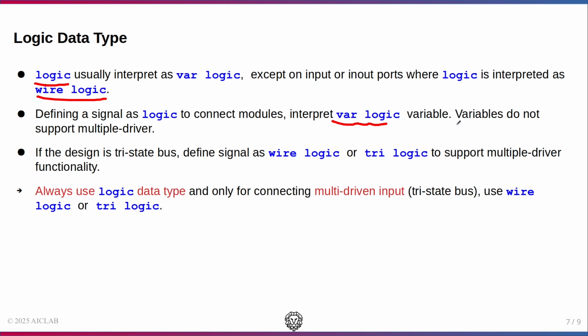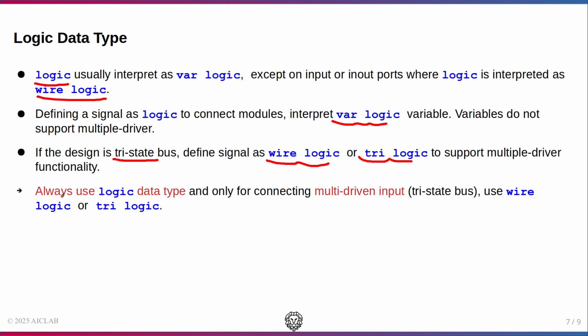So be careful that variables don't support multiple drivers. If in your design you have a tri-state bus, so 0, 1, and high impedance, define the signal as wire logic or tri logic to support multiple driver functionality.